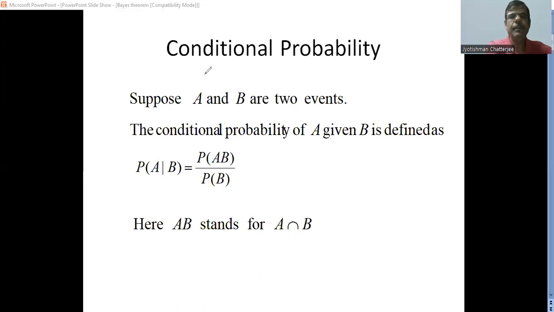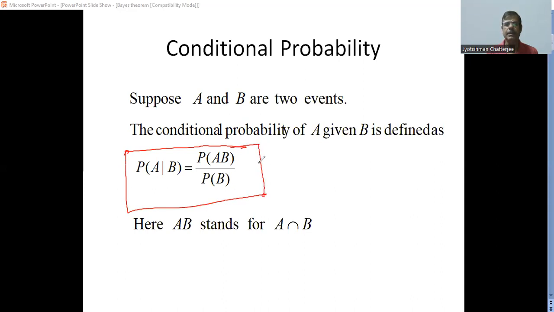It's defined by the formula: probability of A given B is probability of A intersection B divided by probability of B. And we use this shorthand AB for A intersection B.